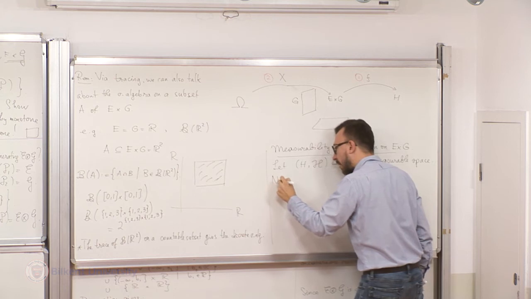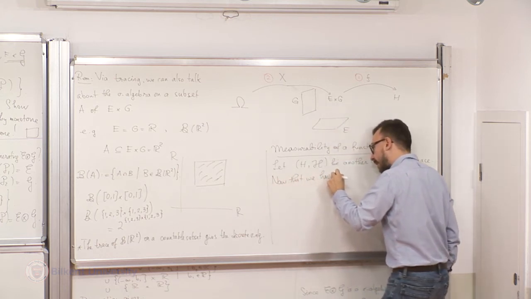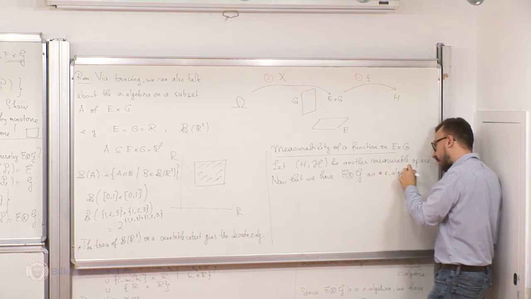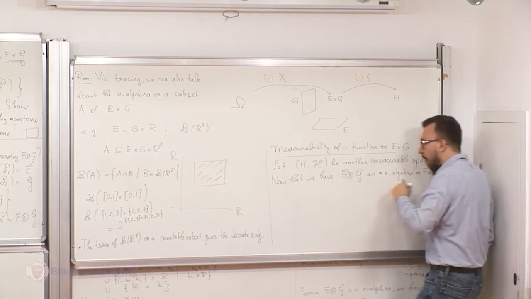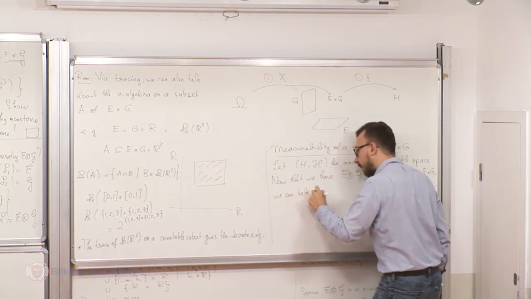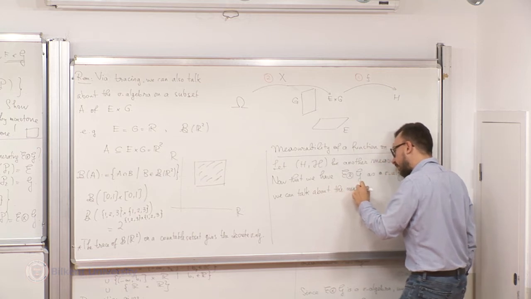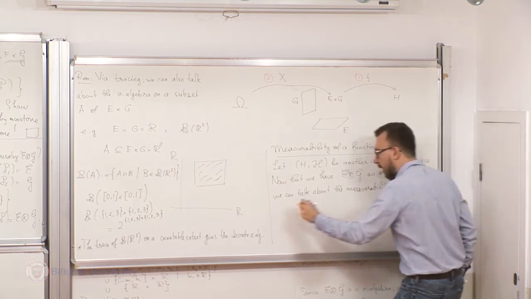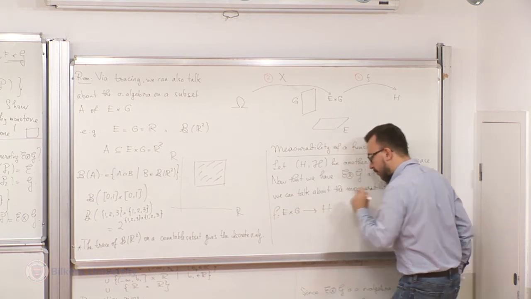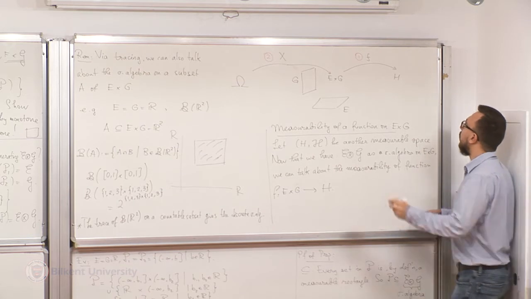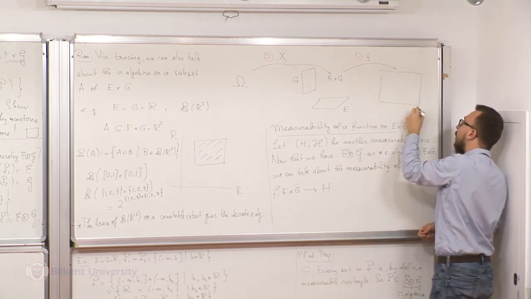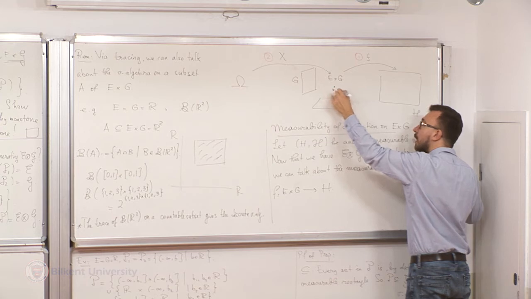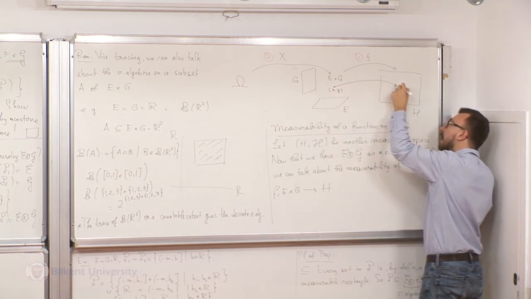So now that we have a sigma algebra on E cross G, we can talk about the measurability of a function F defined on E cross G, mapping into H. Let's say H is here, okay? So you have a point xy, which maps you to f of xy, a point in H space.